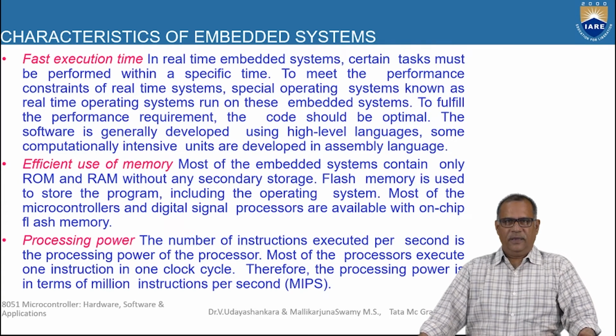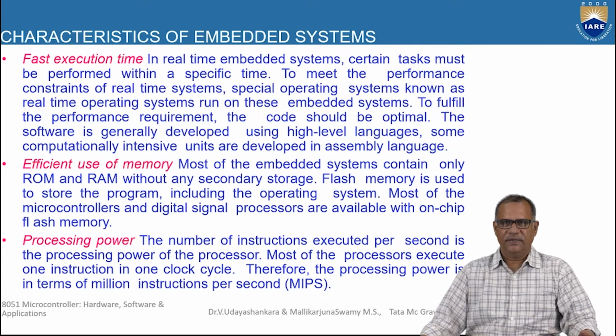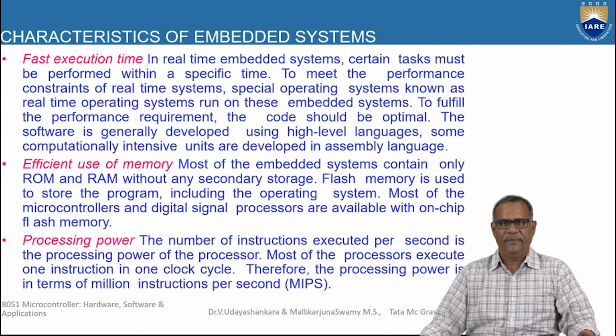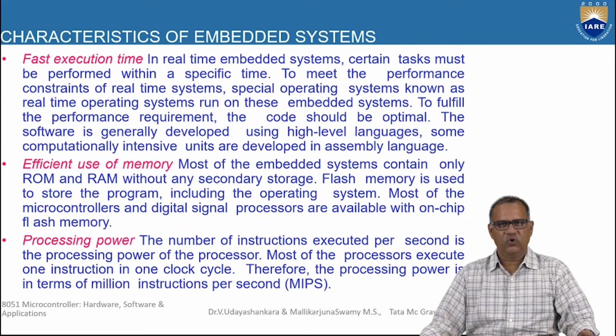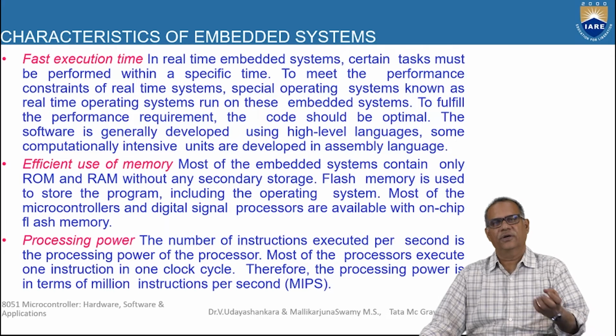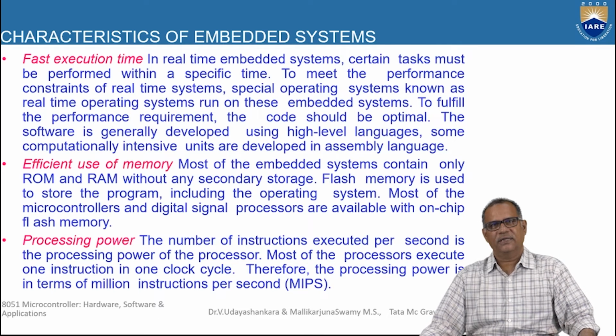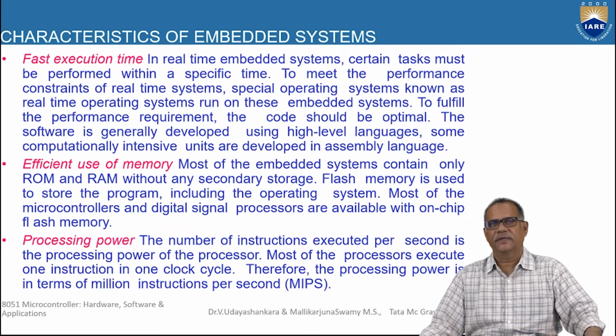And the memory also has to be used efficiently, as embedded systems contain only ROM and RAM without secondary storage. There is no hard disk or anything. So the memory has to be used very efficiently, and the operating system you are going to use should occupy less space so that the remaining part of the memory can be used for the application program.